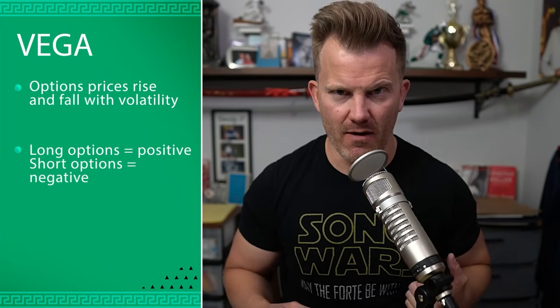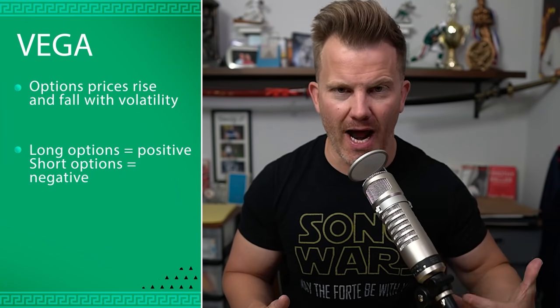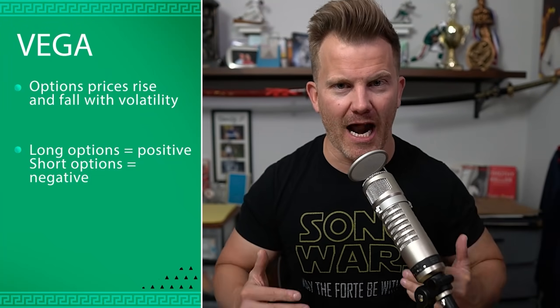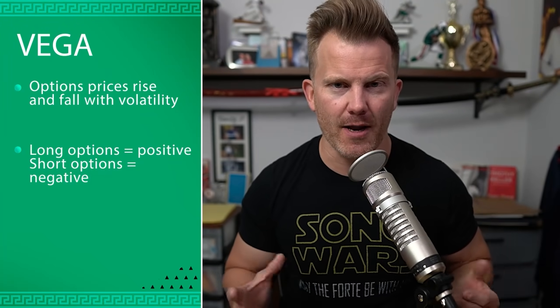So now, let's translate that idea into long options versus short options. If I'm long an option, I'm going to be positive Vega. What that means intuitively is I want volatility to rise. I want volatility to expand. I want this to happen because that expansion will lift the option price of the option that I bought. This is a positive outcome for me.